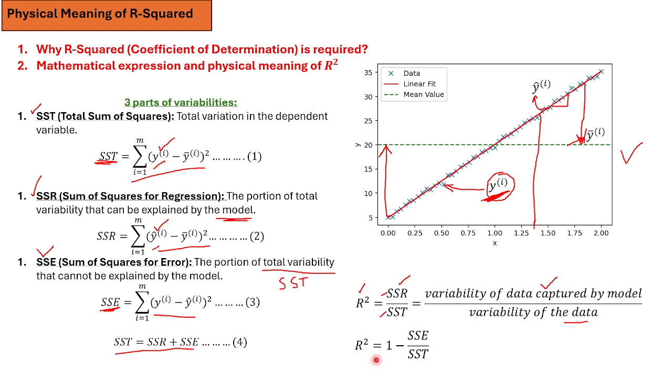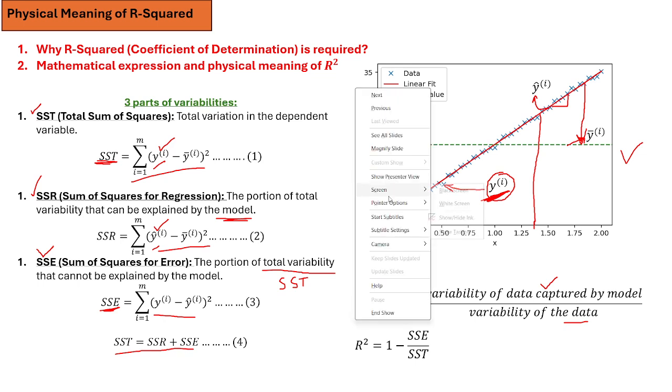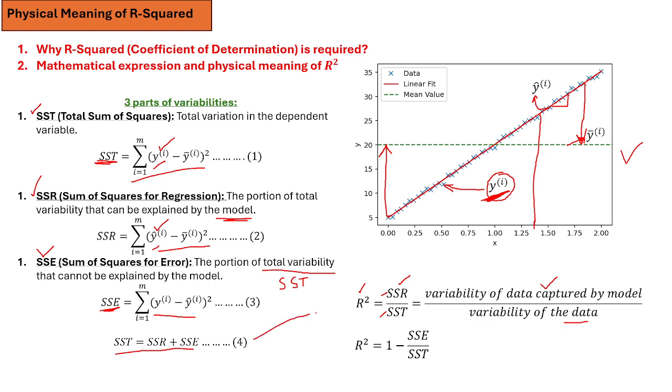We can express the relation between SSE and R squared through this equation. We have derived it by manipulating these two equations, and this equation is also really important.